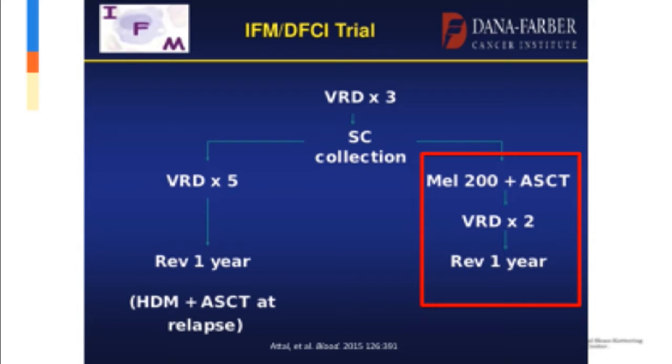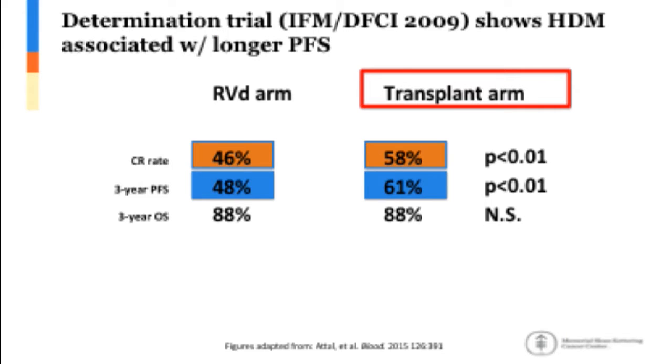The study was designed to compare the 2 arms, and the results showed that the transplantation had a longer progression-free survival, so that arm won. If you look in further detail, you see that the progression-free survival was 61% versus 48% between the 2 arms.